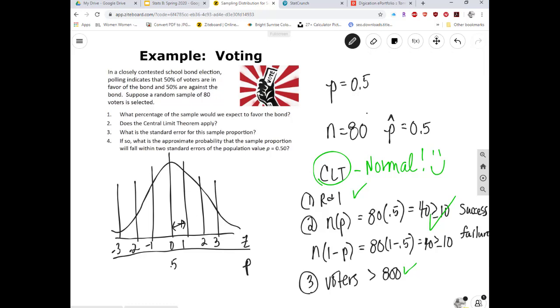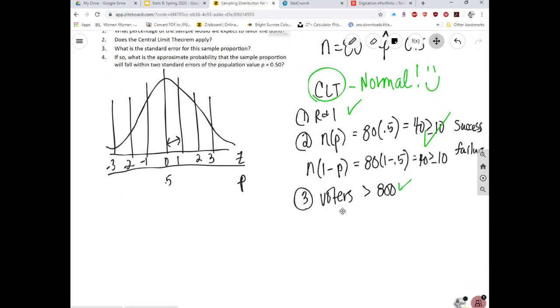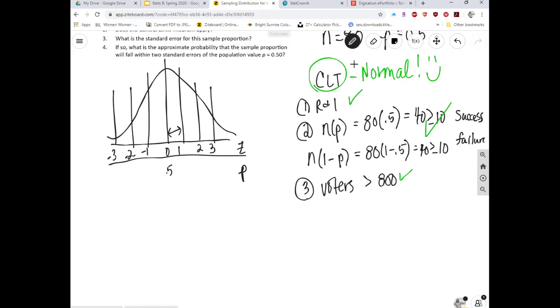What is that distance right there? I'm going to use my standard error formula to figure that out. This time I'm actually going to be using my sample, so I'm going to be estimating what the standard error is here. So I've got SE equals the square root of p-hat times 1 minus p-hat, divided by 80.